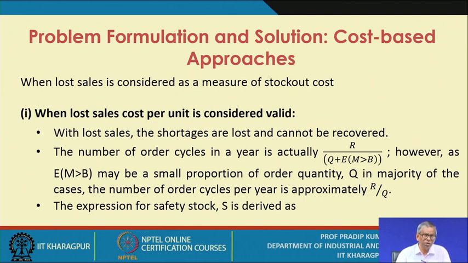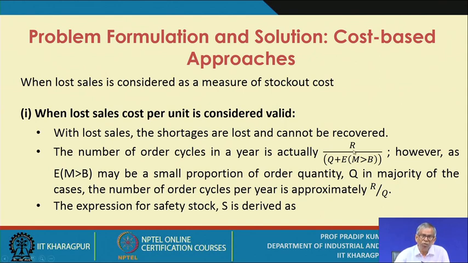Suppose the yearly demand is R, and your order quantity meeting the demand for each order cycle is Q. Obviously when there are no shortages, no lost sales, the total number of order cycles in a year will be R by Q. But here there are lost sales. That means if there is a negative inventory, the negative inventory gets lost. So in order to avoid this, in each order cycle you try to keep some extra stock, and this extra stock is essentially the expected number of units short.